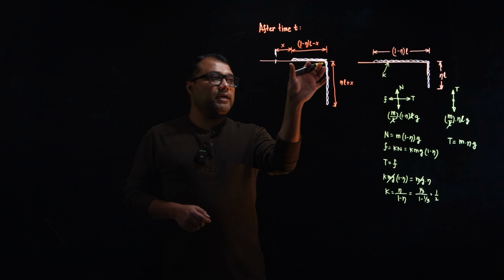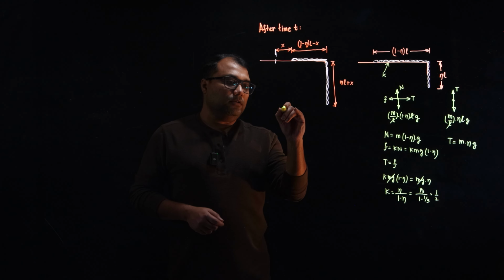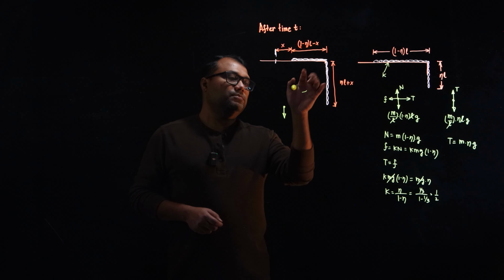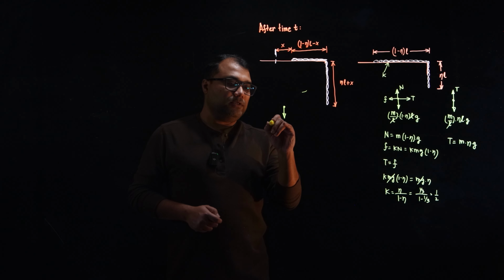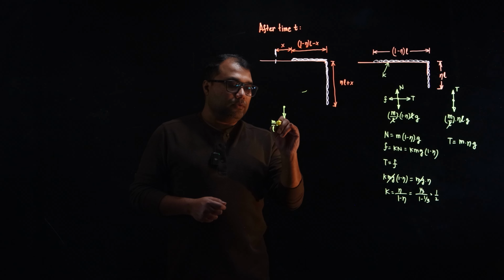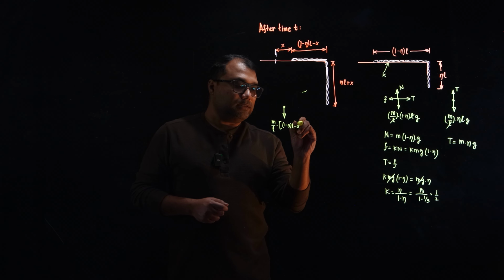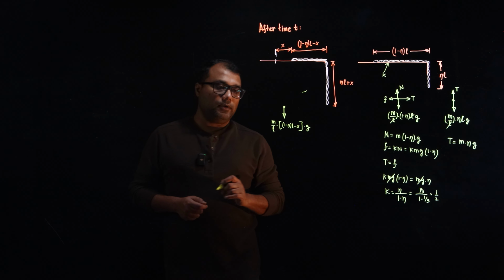Now let's look at this part of the chain. If I draw a free body diagram again, this will be the mass of this part of the chain times g. The mass of this part is m by L into 1 minus eta L minus x, times g.